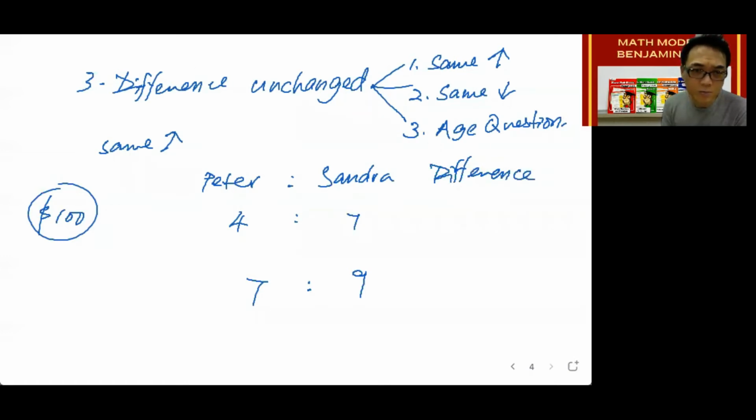And when that happens, all you have to do is to find the difference, take 7 minus 4, take 9 minus 7, and this time you make the difference the same. To do that, again, all you have to do is multiply this by 2, and multiply this by 3. And just like all the previous questions in part 1 and part 2, you also multiply this by 2.